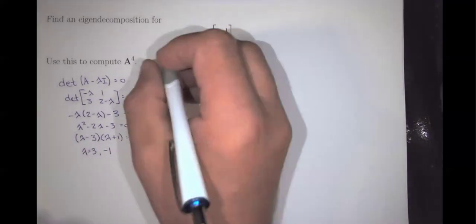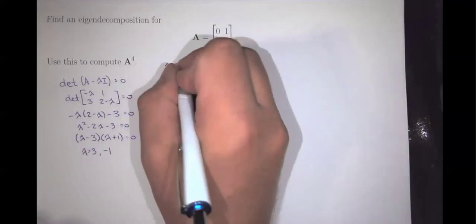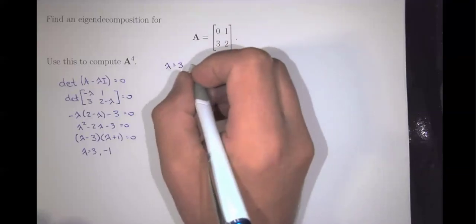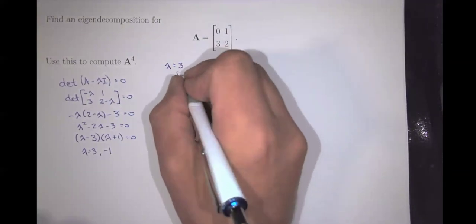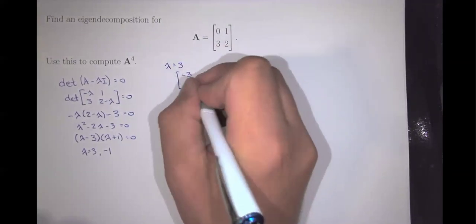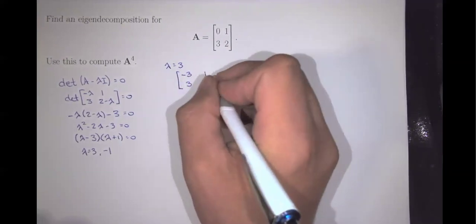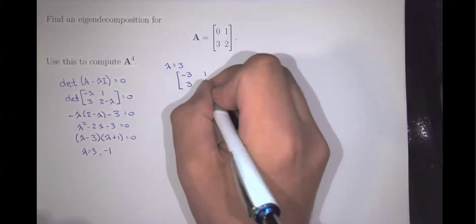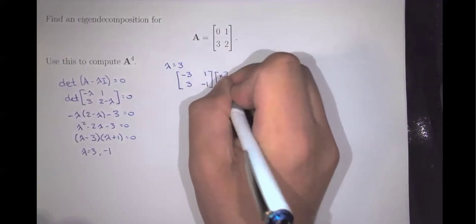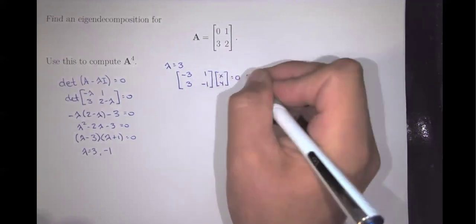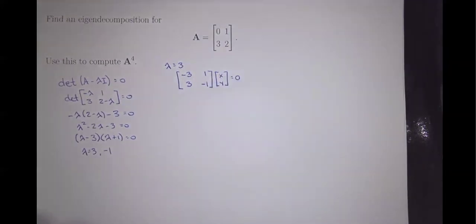So when lambda equals 3, our matrix A minus lambda I is going to be negative 3, 1, 3, 2 minus 3 is negative 1. And so when we multiply this matrix by our vector xy, we get 0.